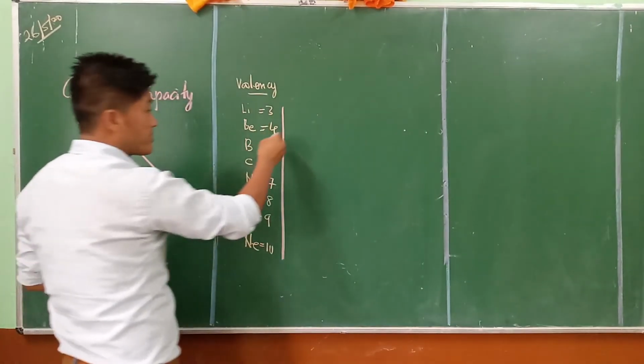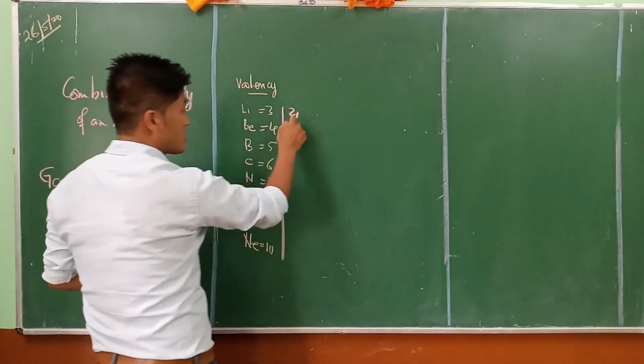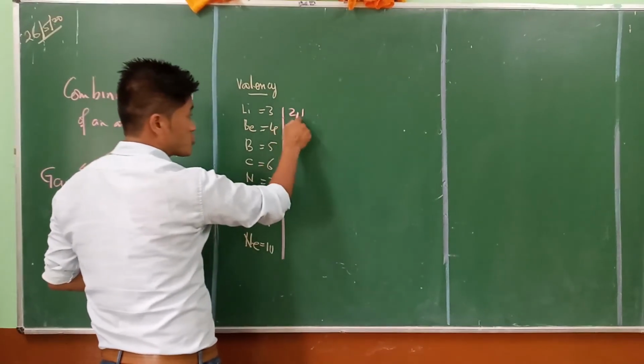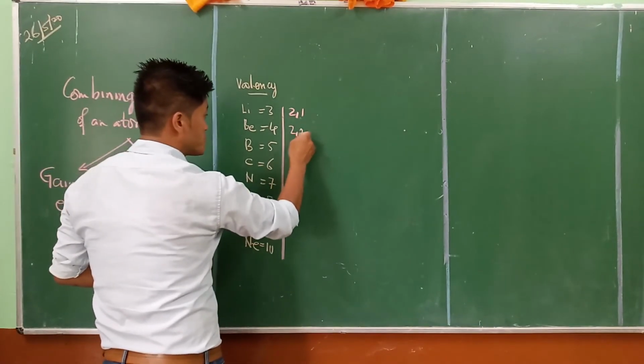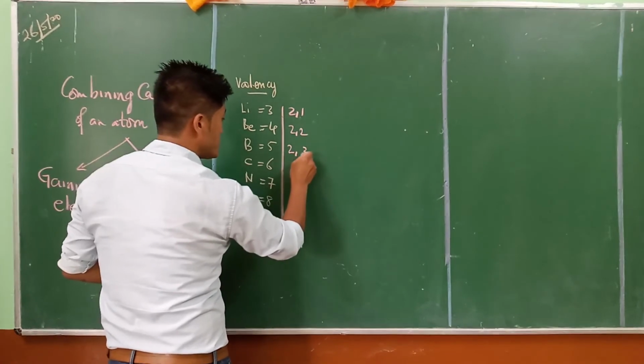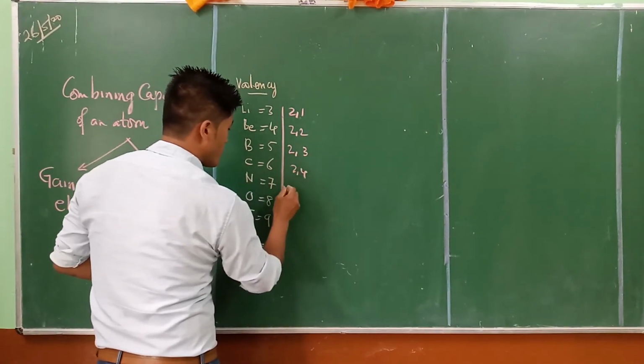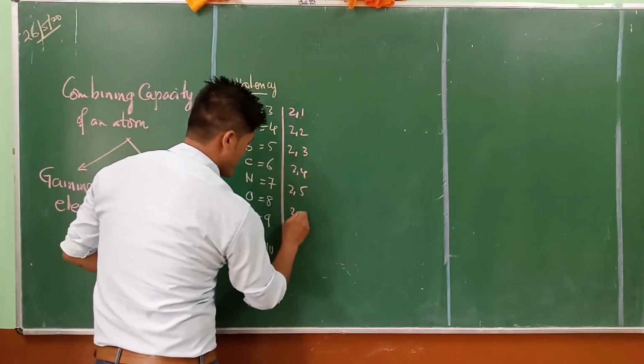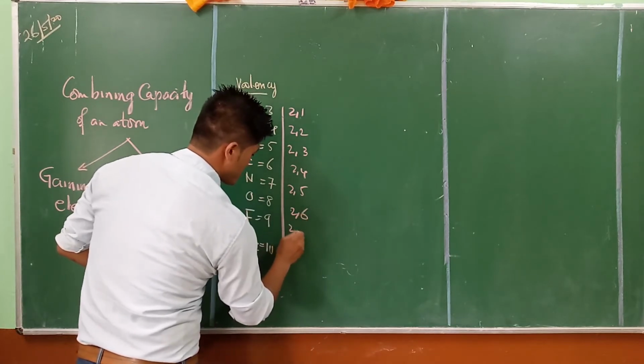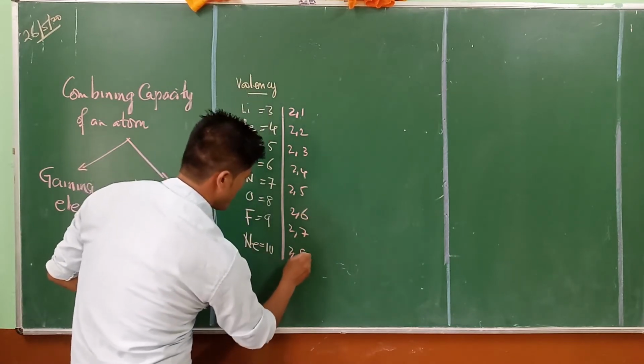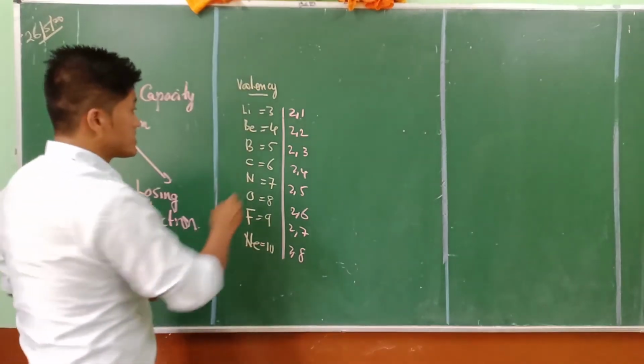Now in this case here, in the first shell there are 2 electrons, in the second shell 1. 2 plus 1 is 3. 2, 2, 2, 3, 2, 4, 2, 5, 2, 6, 2, 7, and 2, 8. Okay?